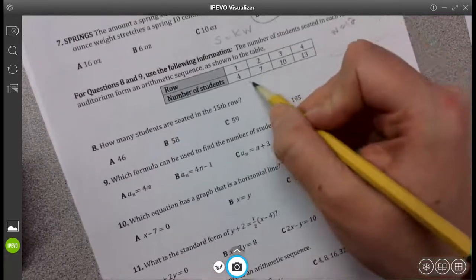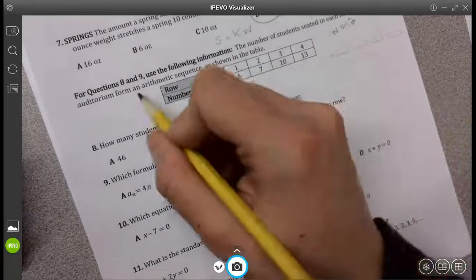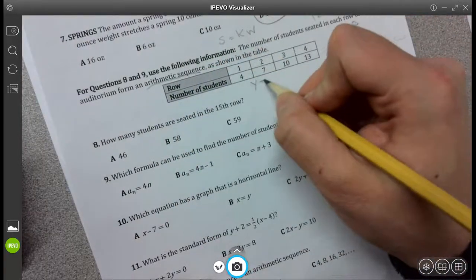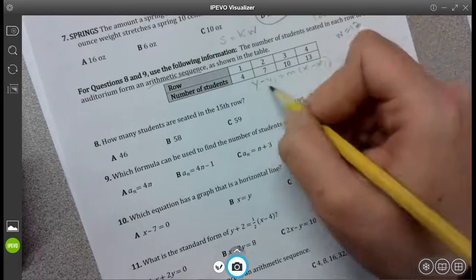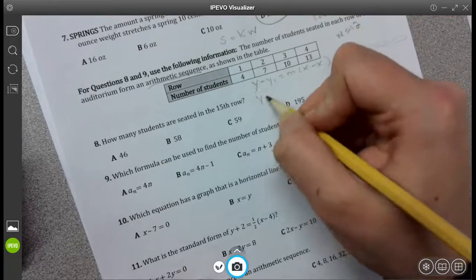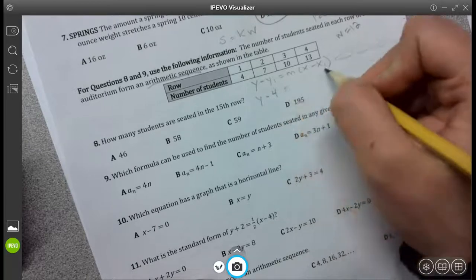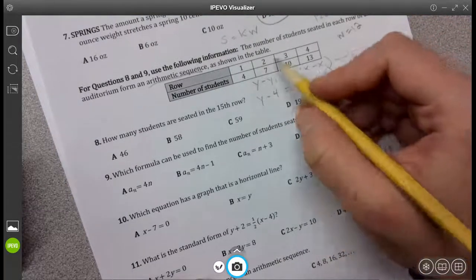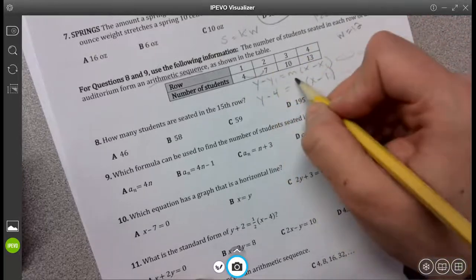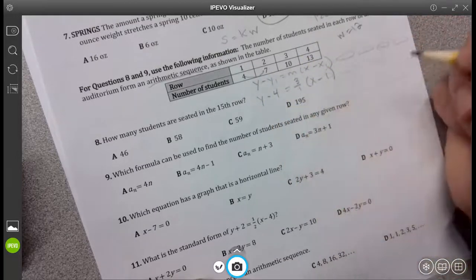There's a rate of change. So if it's an arithmetic sequence, that's in slope-intercept form. I love to use this formula. We just have to fill in our points. Do we have a y1? Yes. Do we have an x1? Yes. Do we have a slope? The rate of change is 3 over 1.